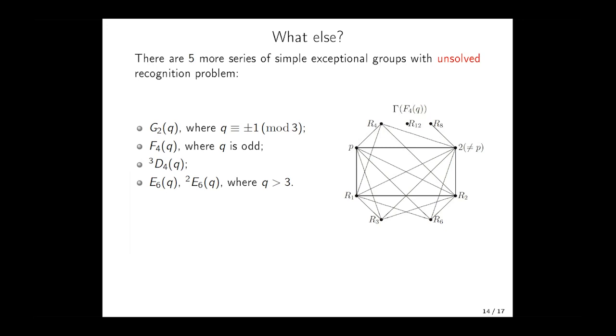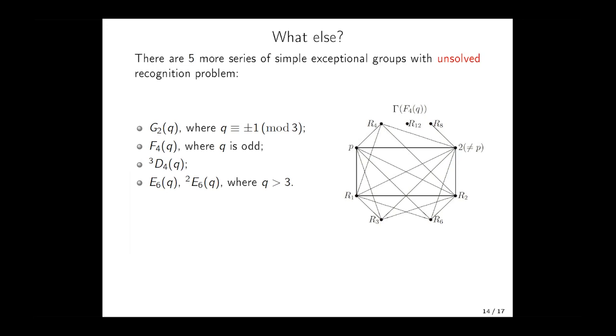The clique R8 is connected only with 2, and there are no edges with any other primes. So it is a really important observation that can be used to exclude a lot of cases when we are talking about quasi-recognizability of a group F4(Q) over an odd field.